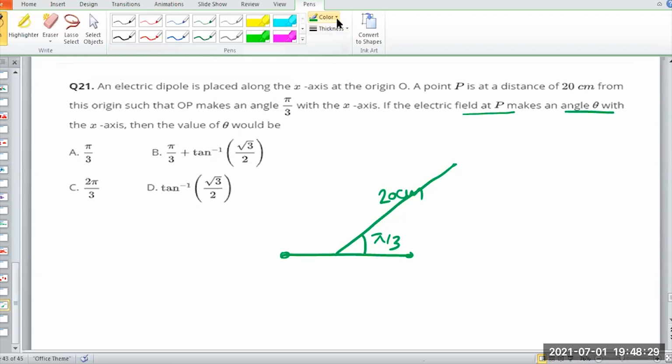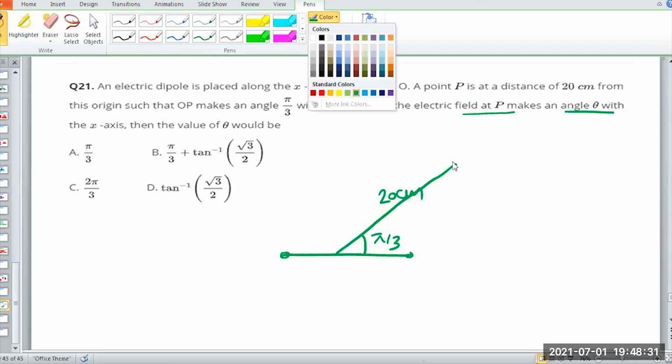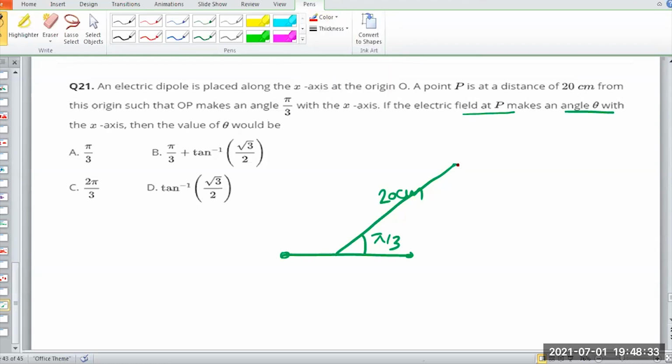Now my net electric field, suppose in this direction EP. So with x-axis it is making angle theta. Suppose this angle is alpha. So I already know that tan alpha is half of tan.